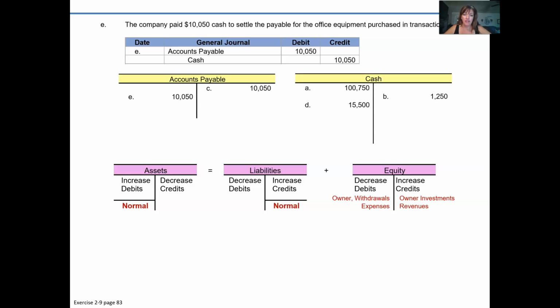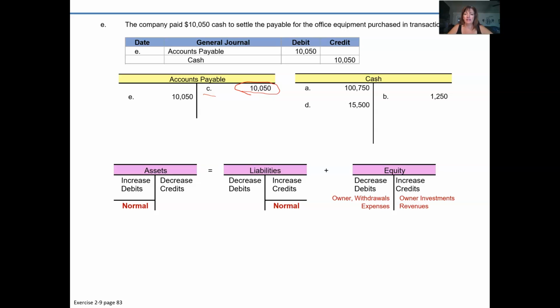And I want to explain that by looking at the T accounts. You'll see in the original transaction, in transaction C, we credited the account $10,050. Well, now we're paying it. So it's natural that you want to do the opposite to make it zero. By crediting accounts payable, we're recognizing that we owe the $10,050.